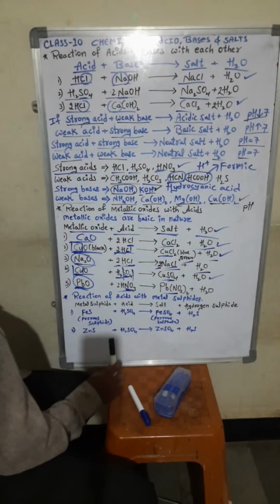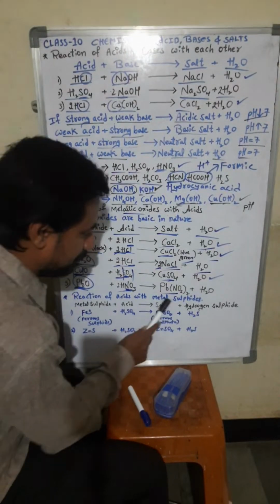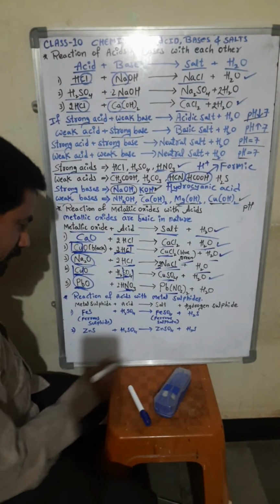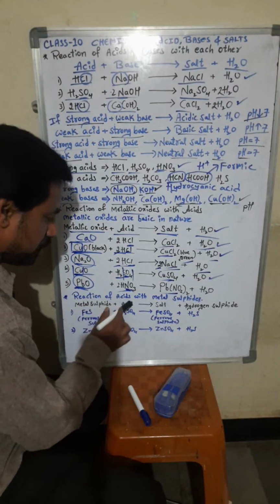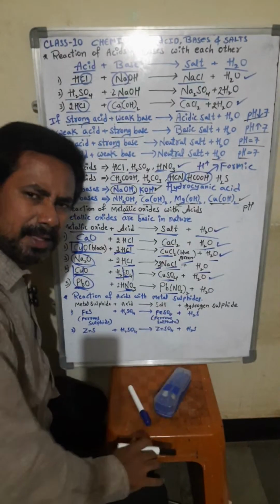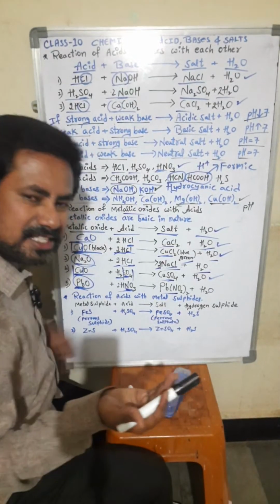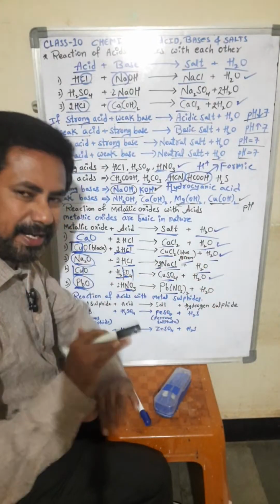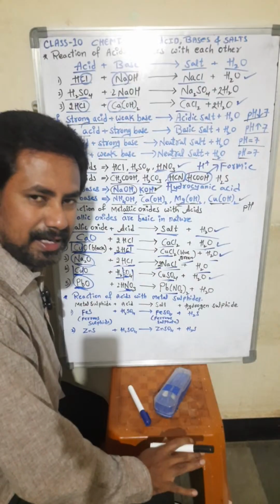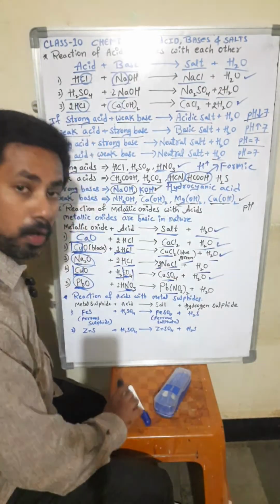Now, reaction of acids with metal sulfides. Metal sulfide means what? When a metal combines with sulfur, it is a metal sulfide. Simple, easy. So what is sulfur, sir?